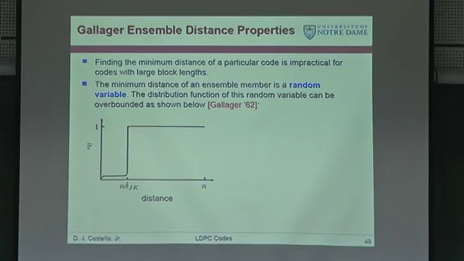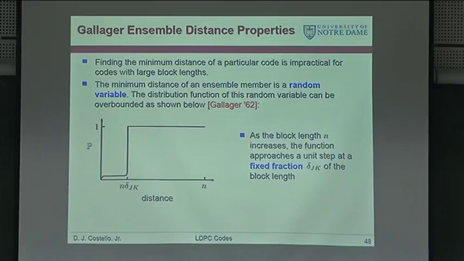So the way Gallager did that, and we're not going to go into the details, is he modeled the minimum distance of an ensemble member as a random variable, and then he was able to bound the distribution function of the random variable, and he got a function which looks like this. It starts low, and then at a certain point it peaks up to get close to 1, and then it levels off.